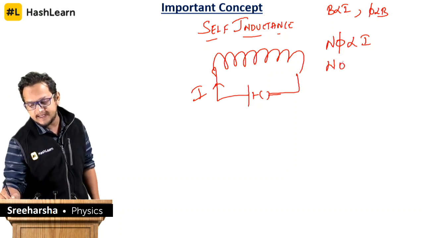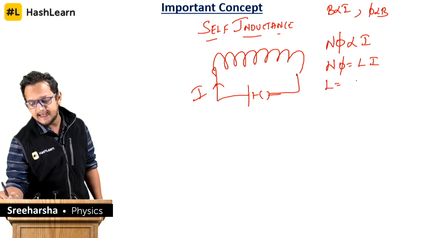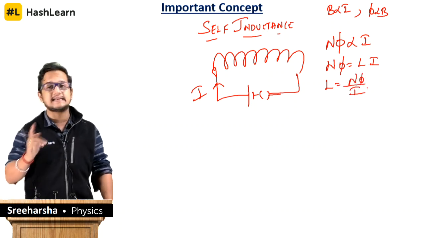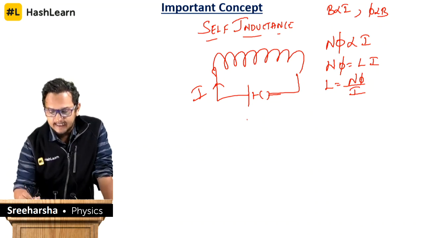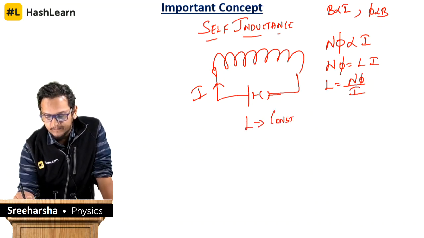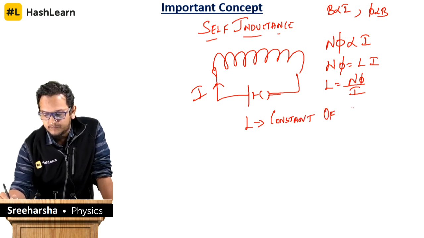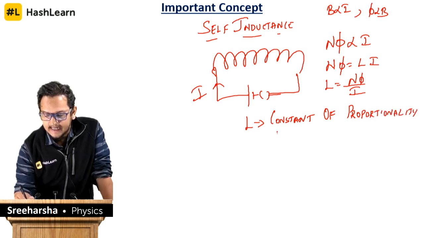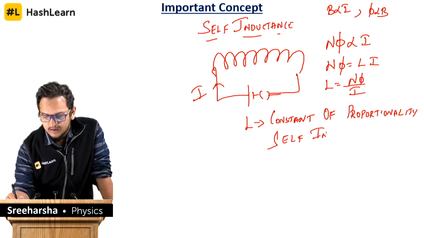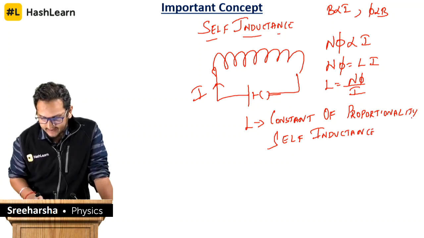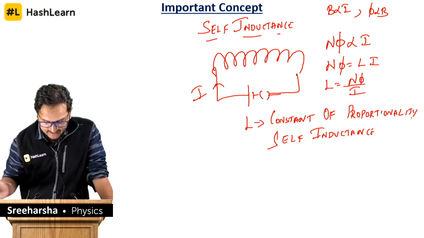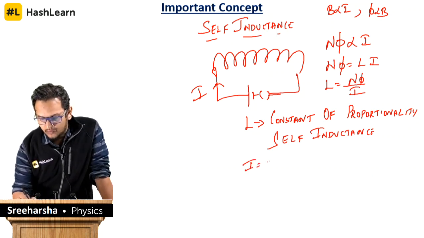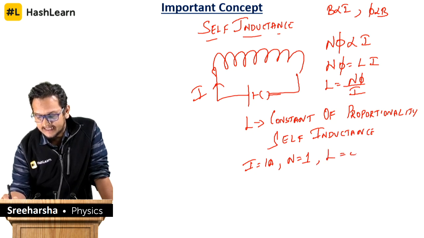So we have N phi is equal to L into I, where L is the constant of proportionality called self-inductance. It is actually defined as follows: if I is equal to 1 ampere and the number of turns is equal to 1 turn, then L is equal to phi.